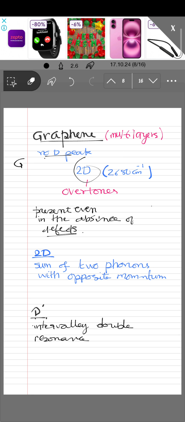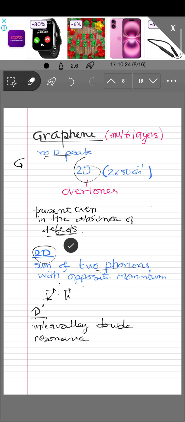Now this 2D peak is due to the sum of two phonons with opposite momenta, that is k and minus k dash. This will be taken up in due course in next classes, where we will explain where these two phonon systems come from and why they add up, having opposite momenta, to create 2D.